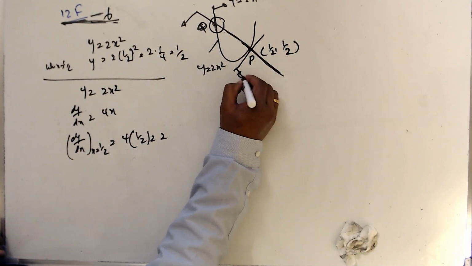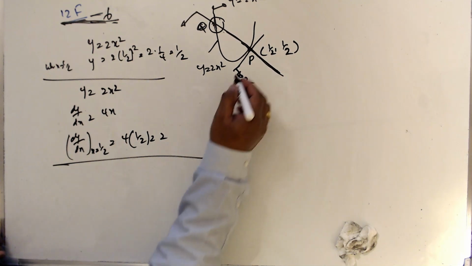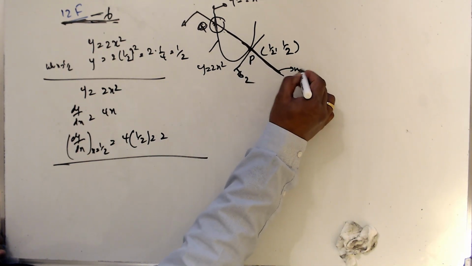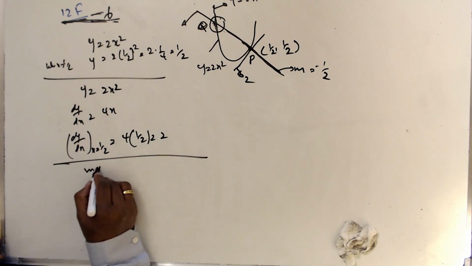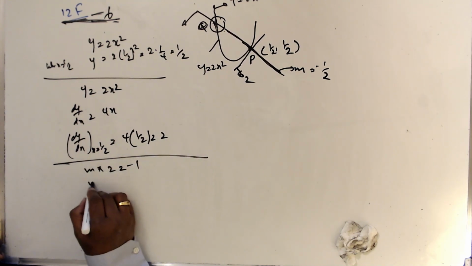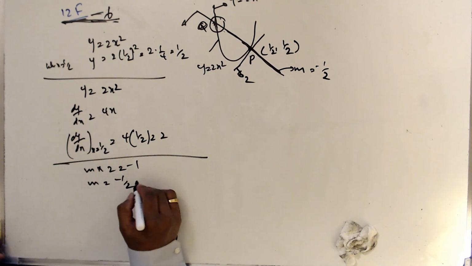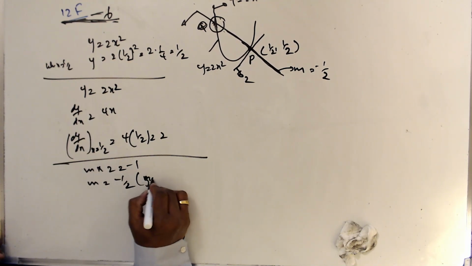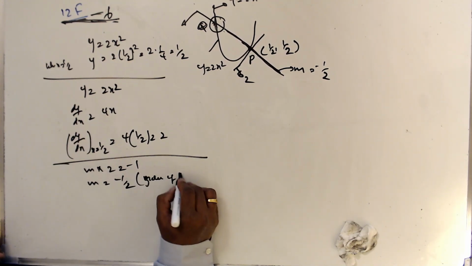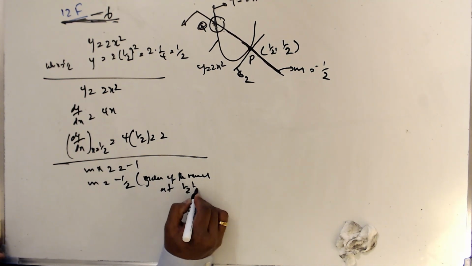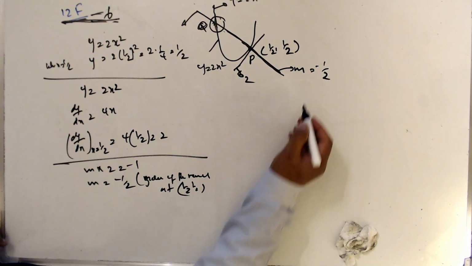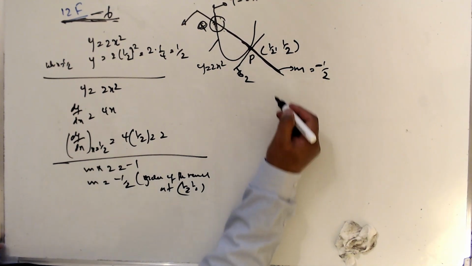Now this gradient is 2. Now we want to find the perpendicular gradient m. We'll show that m times 2 equals minus 1, so m equals minus half. This is the gradient of the normal at the point half, half.